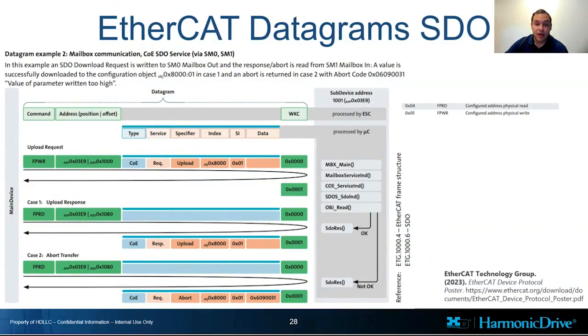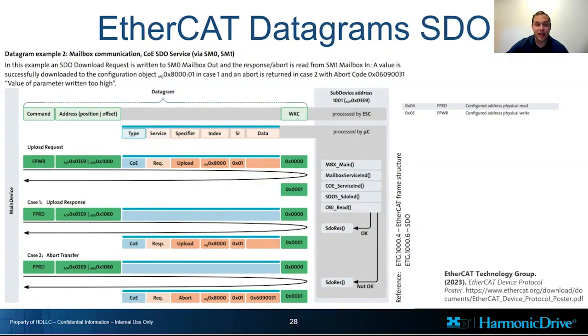It's going to create an upload request, and once that datagram has passed through, it'll increment the working counter, and then there are various things that are handled by the main device. In this case, mailbox main, mailbox service, CoE service, and any SDO related commands such as the SDO read or object read. So we have an upload response going through.